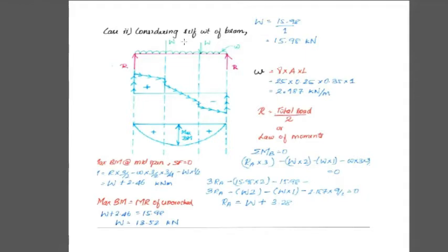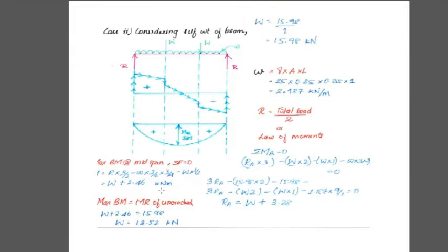Then, because it has the self weight in the form of UDL, the maximum bending moment occurs at the center. So we have to find the moment at the center equal to, first of all, R into 1.5, that is 3 by 2, minus W into 1 by 2, and the self weight, so 3 W into 3 by 2 into 3 by 4.